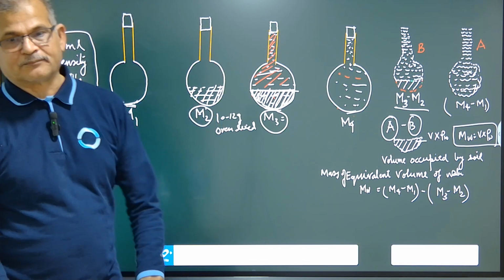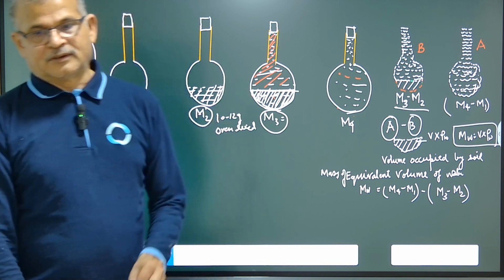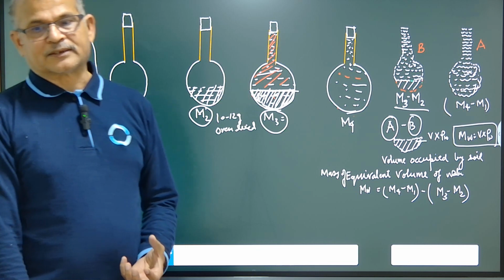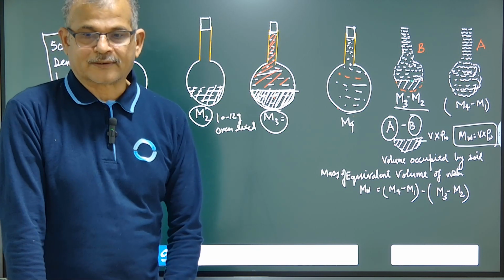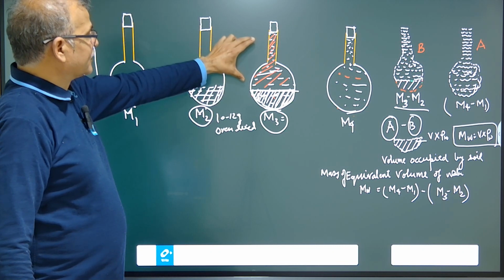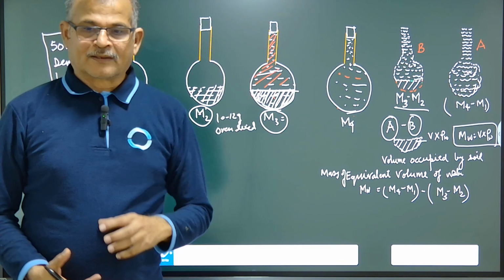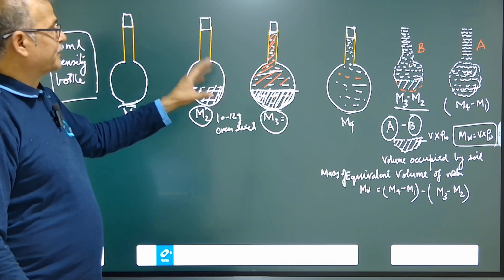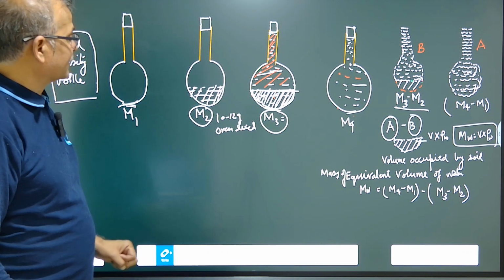After taking the weight M2, we put a certain quantity of water to make it saturated and keep it for 2 to 3 hours. After 2 to 3 hours, we fill this bottle completely with distilled water and agitate vigorously to remove whatever air is left in the soil particles.